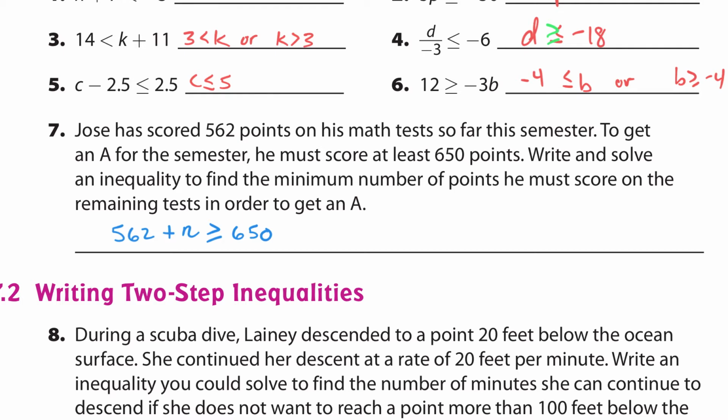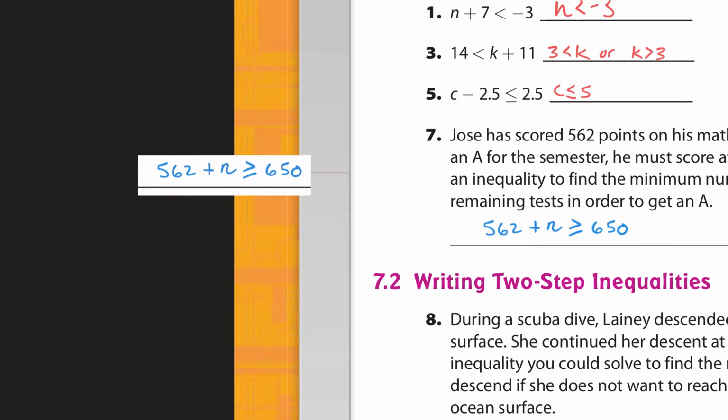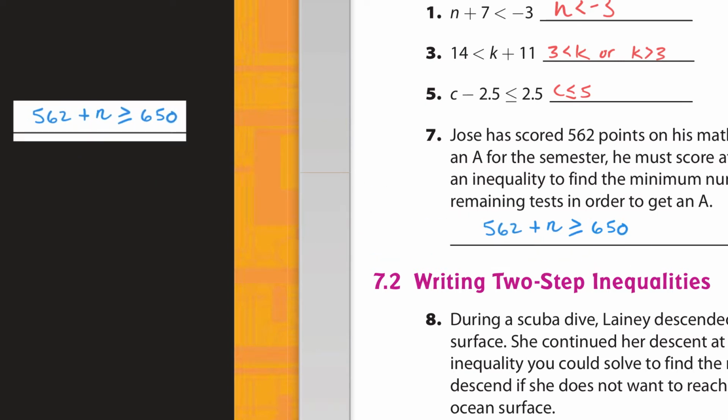And maybe I'll have it over here. I will get rid of this stuff here. And if we take the inequality I just wrote, and then we just subtract 562 from both sides, n is greater than or equal to, what, that's 88 points.